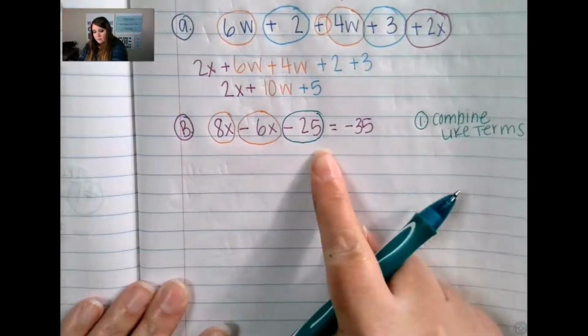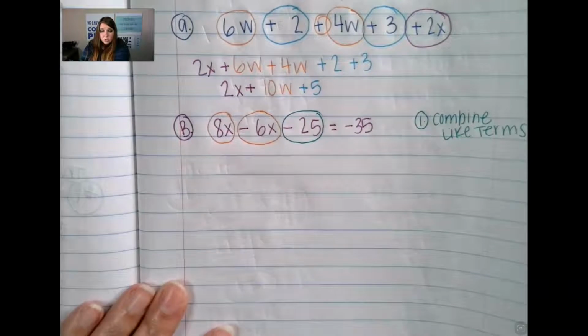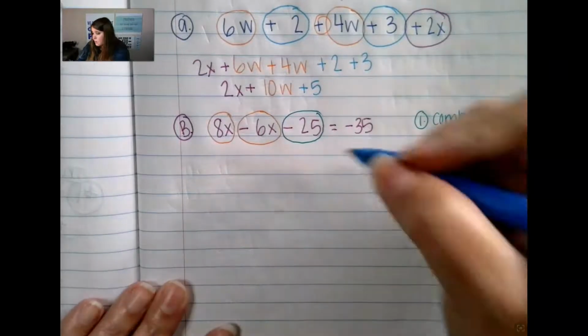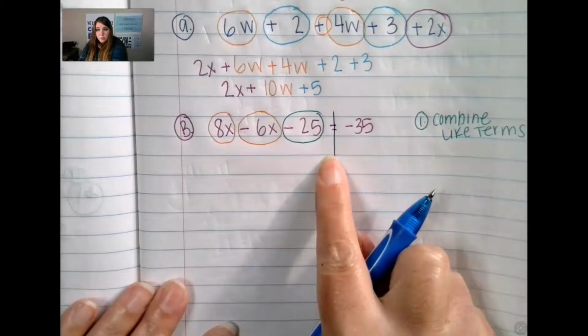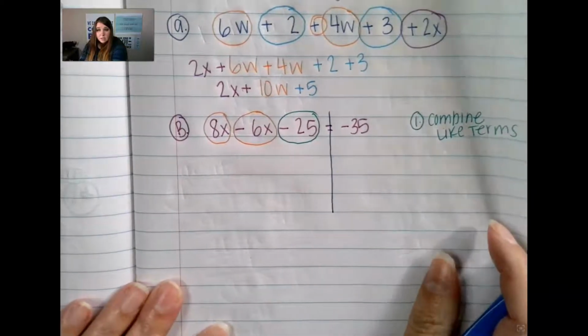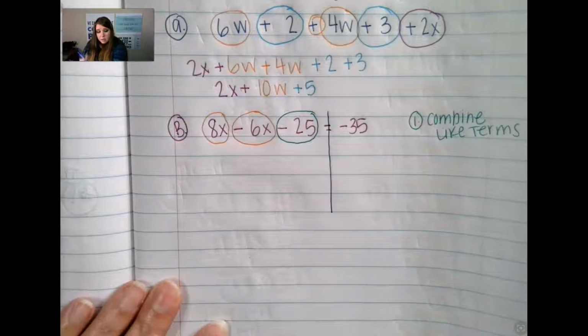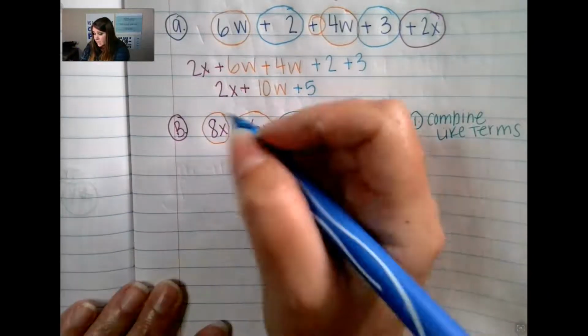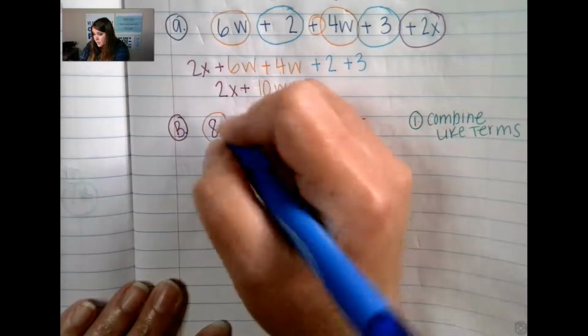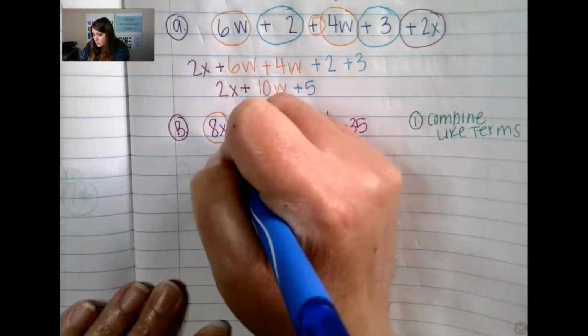On this side of the equation, I'm going to circle those things, and I am only going to worry about this side of the equation for now. So let's put together the things that are the same. The 8x and the negative 6x give me 2x.